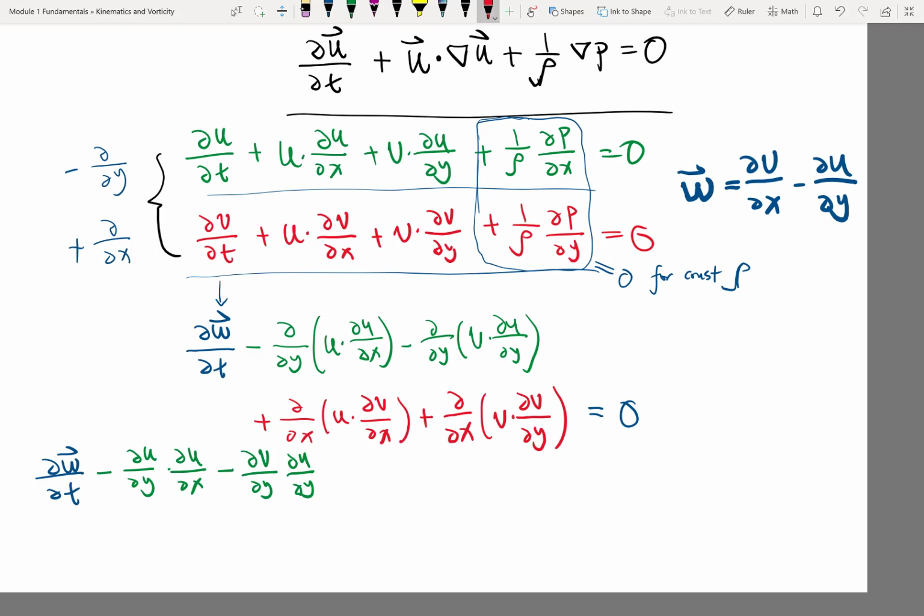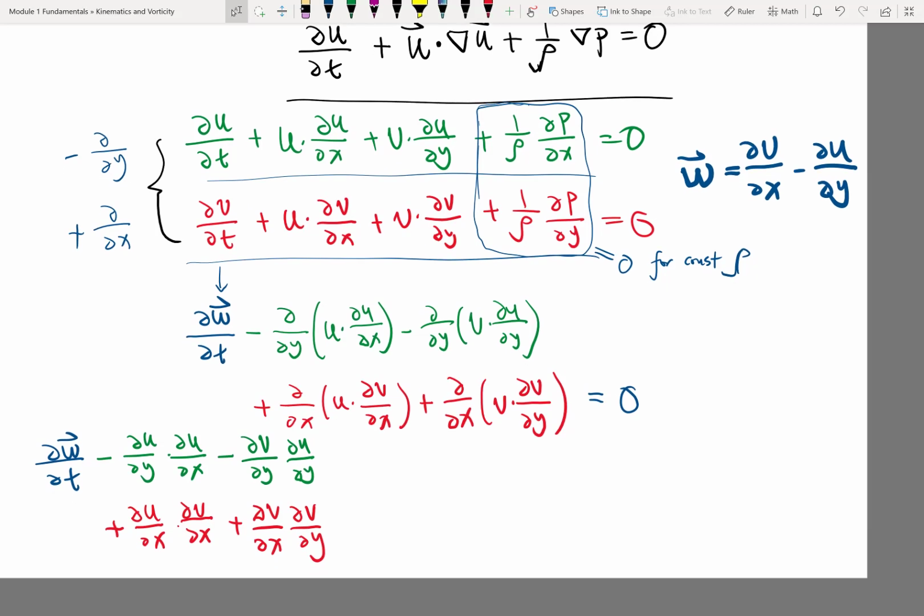And for the red, it is plus du/dx dv/dx, and then plus dv/dx dv/dy.